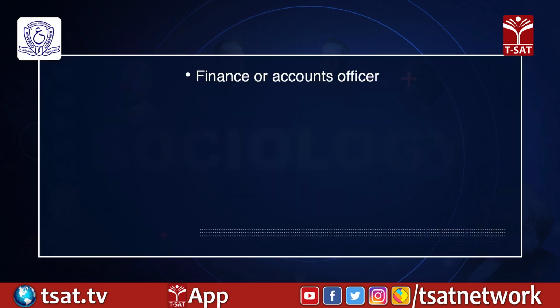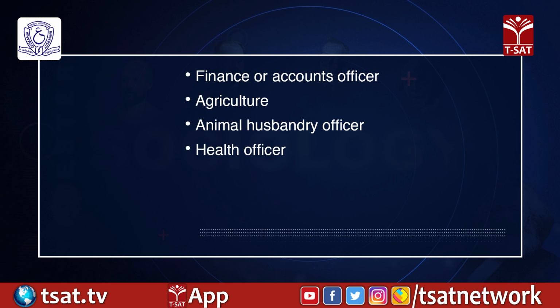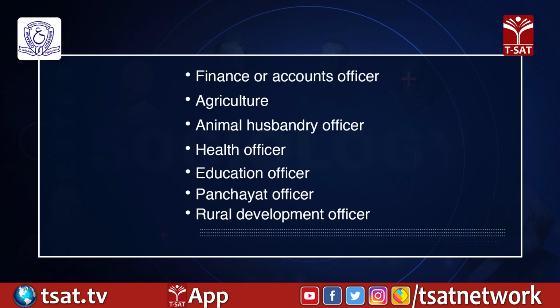He is assisted by several officers like Finance or Accounts Officer, Agriculture and Animal Husbandry Officer, Health Officer, Education Officer, Panchayat Officer, Rural Development Officer, Executive Engineer, etc. They belong to the state service and have been transferred to work under the district or Jilla Parishad.